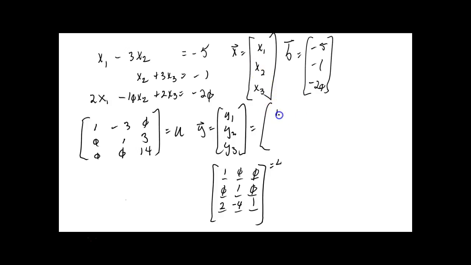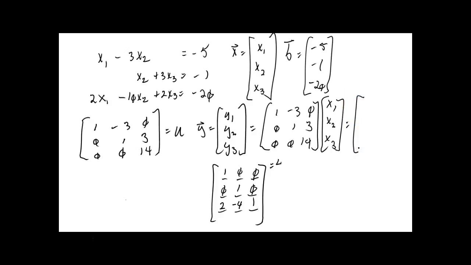The U is 1, -3, 0, 0, 1, 3, 0, 0, 14, times x1, x2, x3. Okay, and you tell me what that is. x1 minus 3x2.